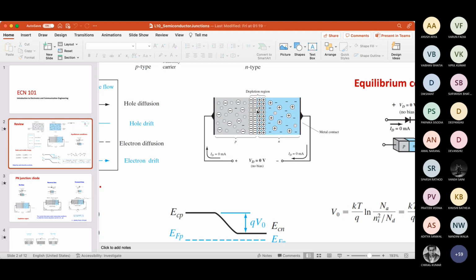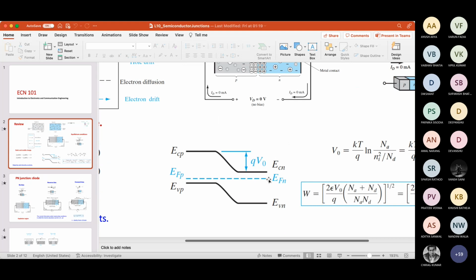Why does the potential difference across the three depletion regions become zero? On one side it might be a positive value, on another side a negative value, so in total it becomes zero. As I said, the reason is that the Fermi level is constant throughout this junction. That is a consequence of that.